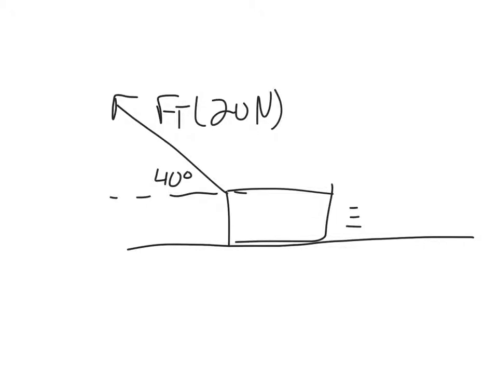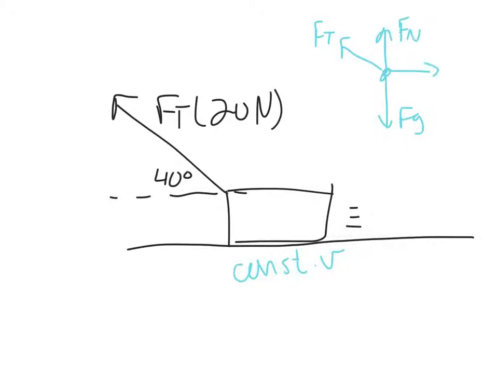Drawing this force diagram, going down we have Fg, going up and to the left is the tension force. Let's assume this is constant speed. Going up would be a normal force. Going to the right would be a frictional force.